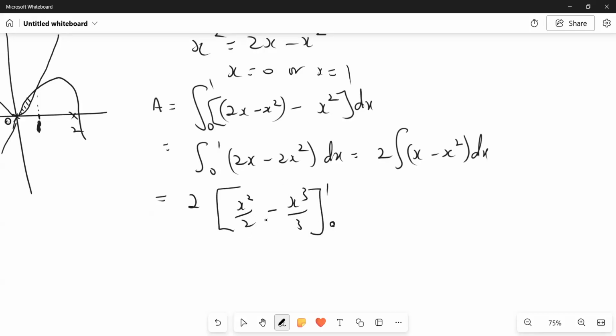Well, 0 will kill all of this. It's basically equal to 2 times 1 over 2 minus 1 over 3. You get 1/3 is the answer. No need to substitute 0 in here because everything will be 0. So here I'm just substituting the 1. And your answer is 1/3.